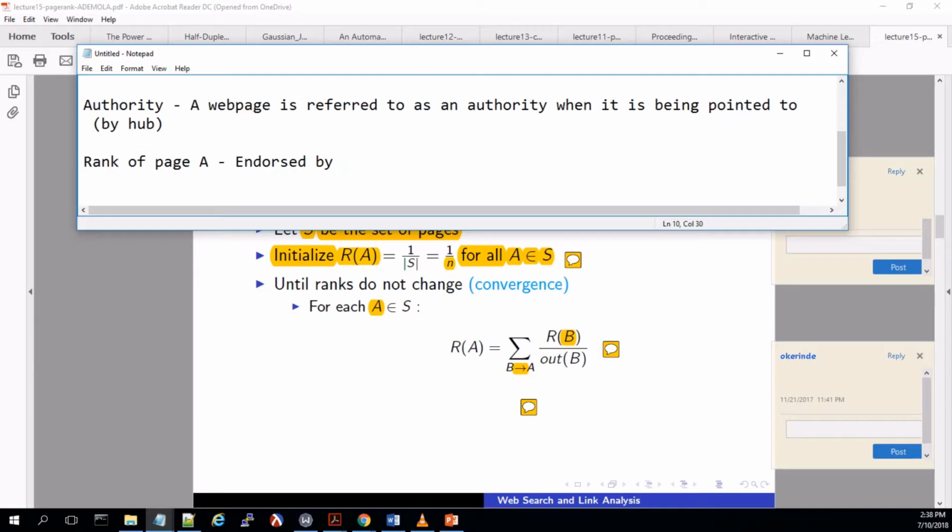So let's look at the set of the pages that are pointing to A.